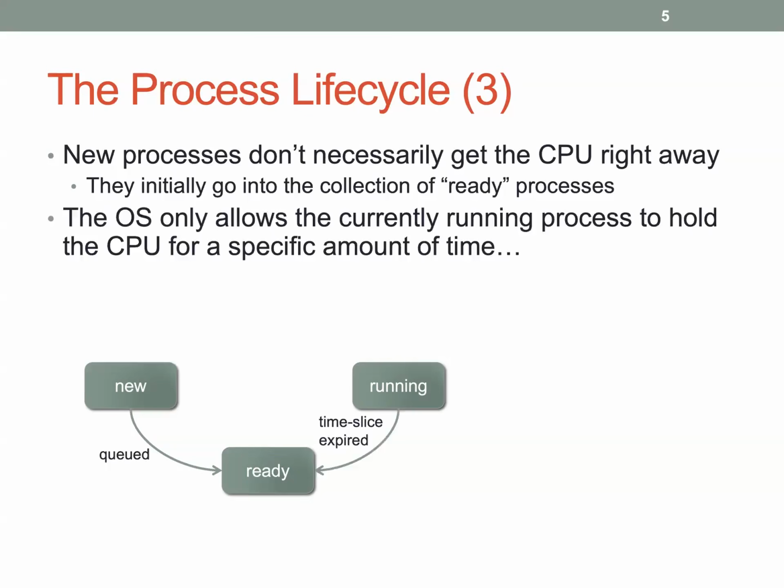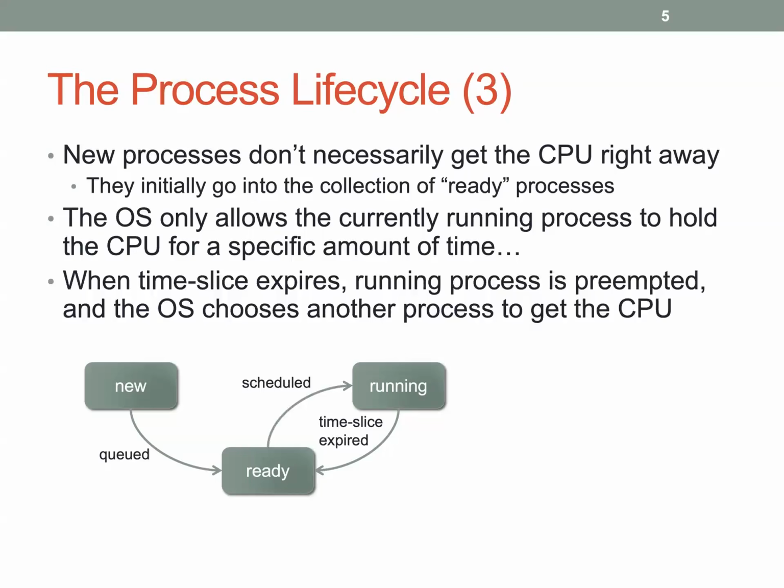And so the OS will allow the running process to be on the CPU for a certain period of time. Various things can kick it off. We'll talk about this. If the program continues to run and it completely uses up its time slice, then the OS will kick it off of the CPU and move it back into the collection of ready processes. And then it will pick someone else, and it's their turn to get the CPU.